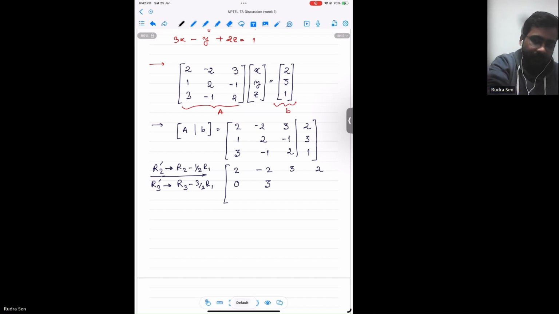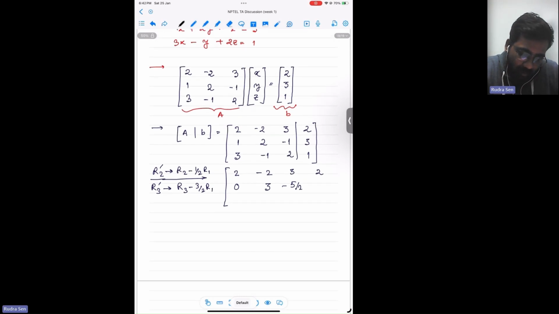And then half of 3 by 2 plus 1 gives 5 by 2. And this is 2, 3 minus 1, which is 2.